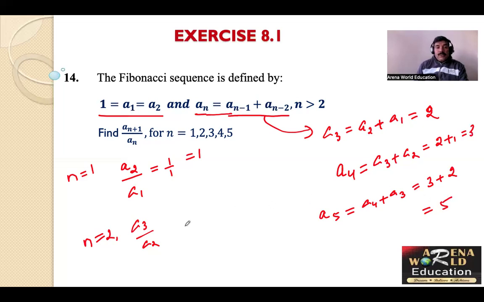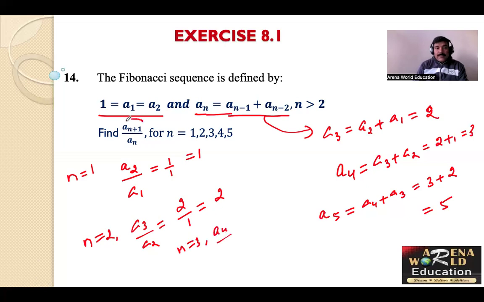Right? So now finally what we have to find is this one. While substituting n equal to 2, a3 upon a2. So that will be 2 upon 1, and that will be equal to 2, right? So the first one is 1, then 2, then let us substitute n equal to 3 here. So then it will be a4.